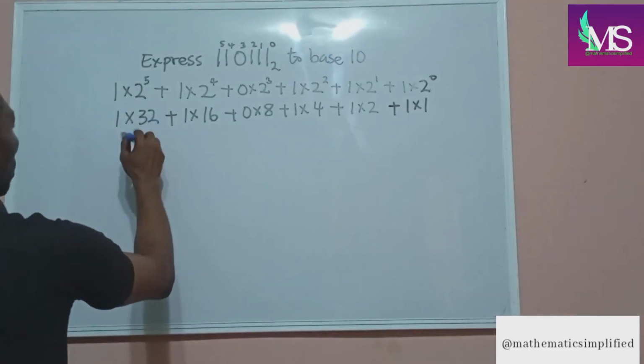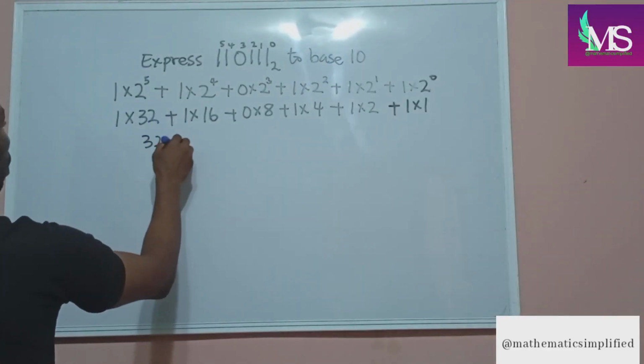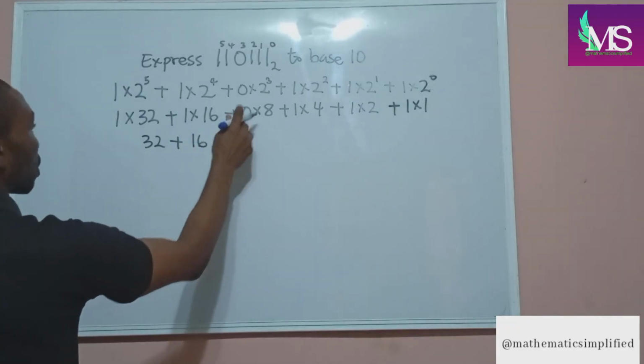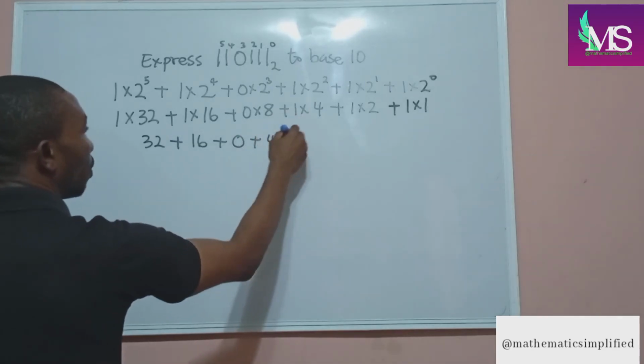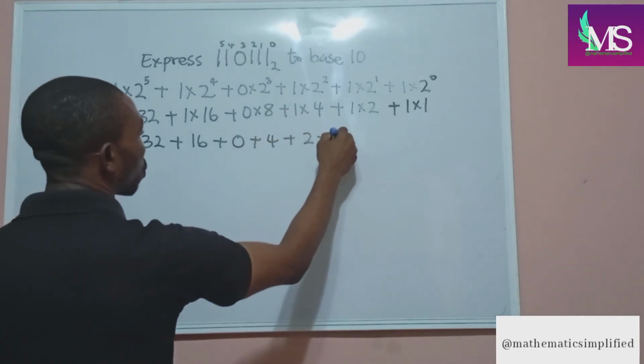Now 32 times 1 will give us 32 plus 16 plus 8 times 0, 0 plus 4 plus 2 and plus 1.